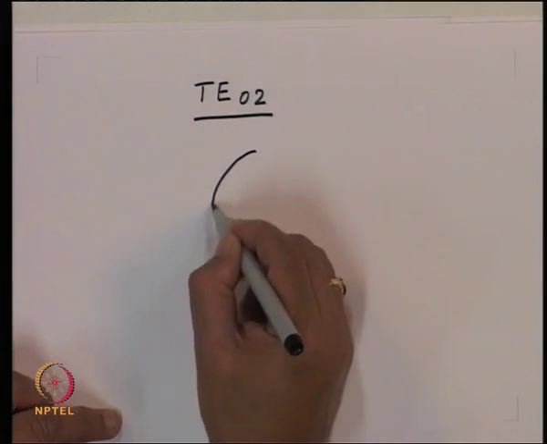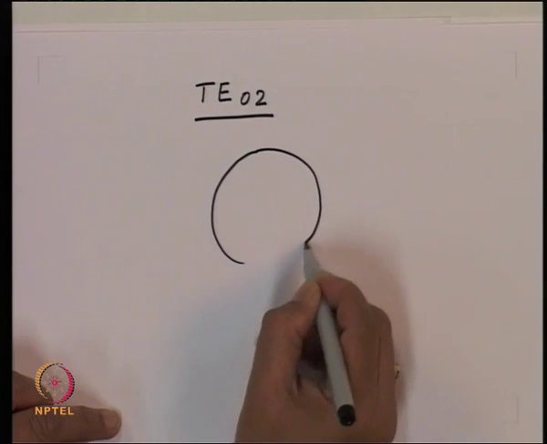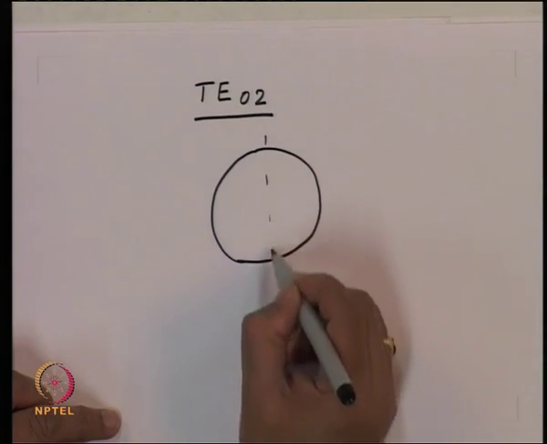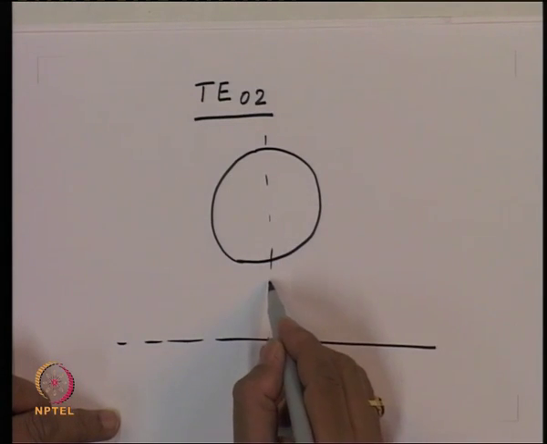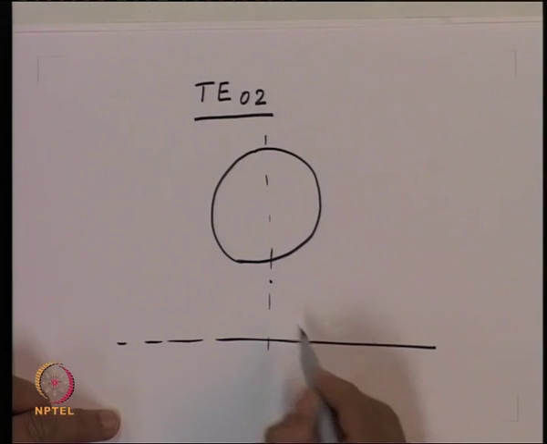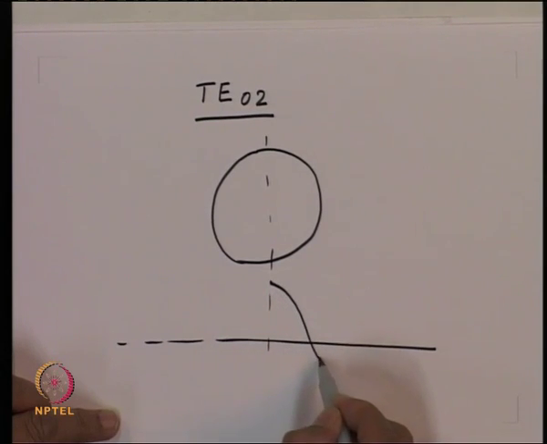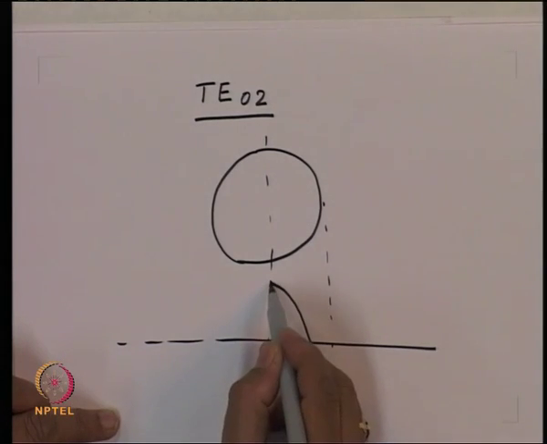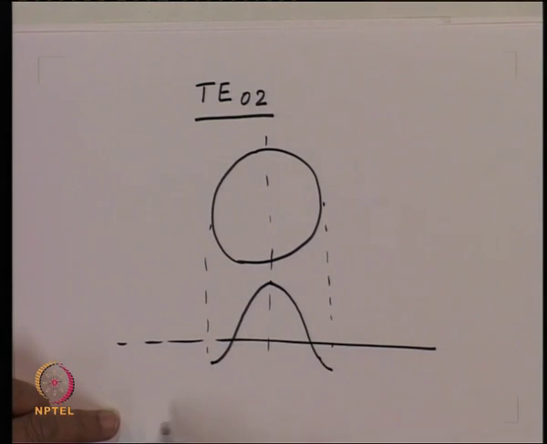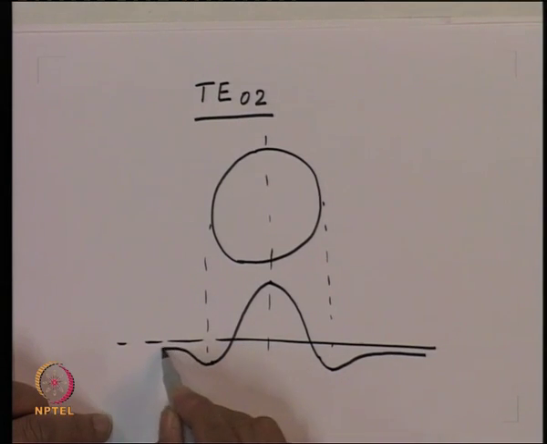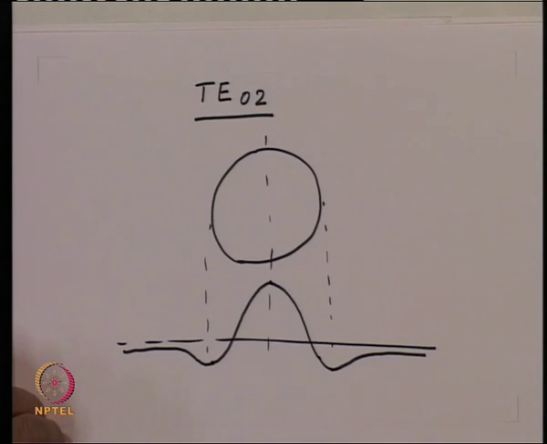So if I look at the field for this, it will be maximum at the center, somewhere it will cross through 0 till you reach this point. One zero crossing has taken place, and then the field exponentially decays as I go inside the cladding.